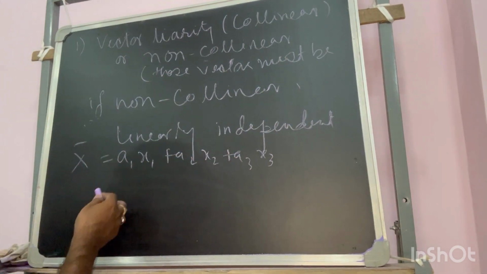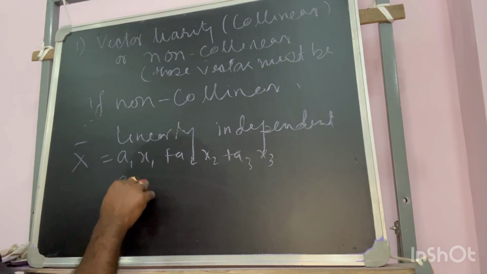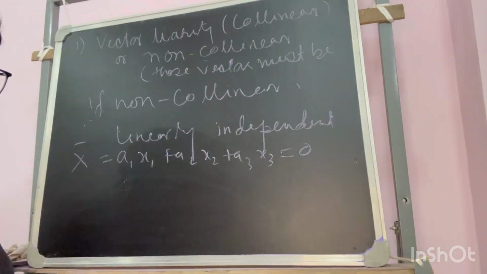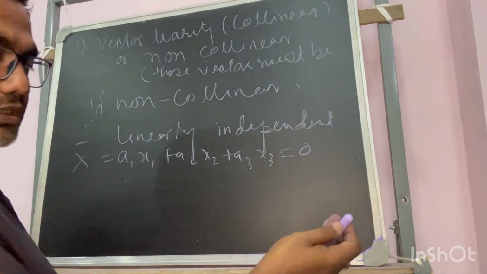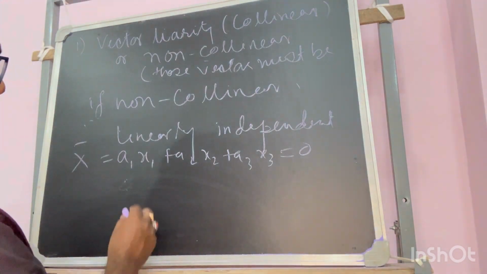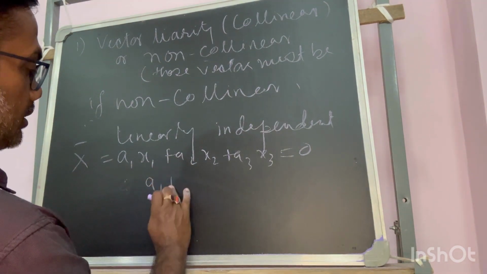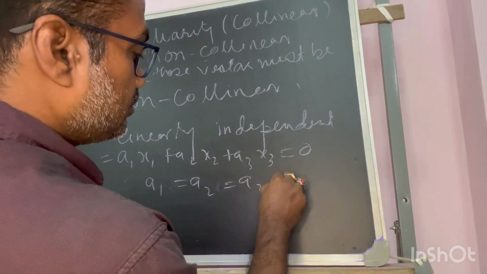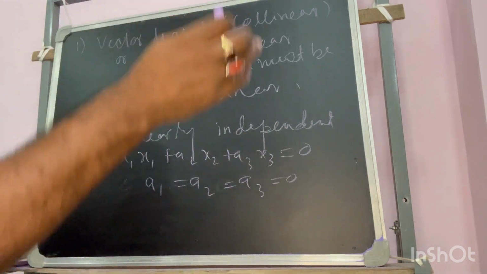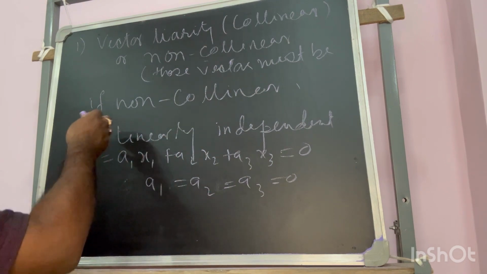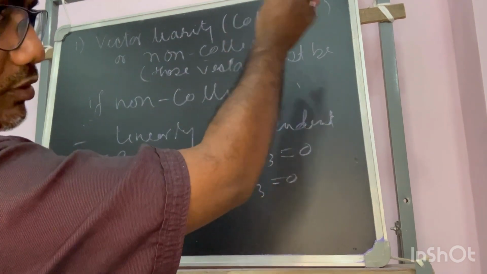With the collinearity we can say that this has to be 0. First I have seen this for the case of unit vectors, but along with that a1, a2, a3, or if it is more than 3 also, in that case all have to be 0. This is the condition of linear independency, the same as non-collinearity.